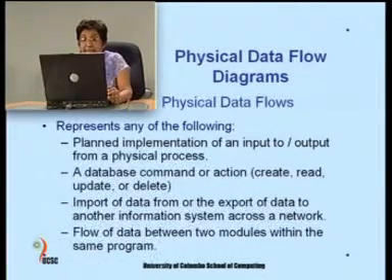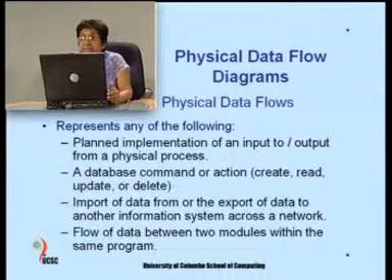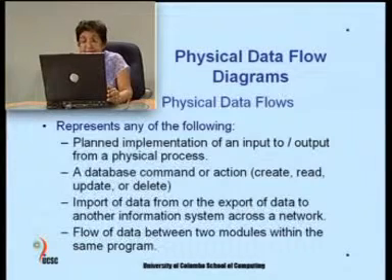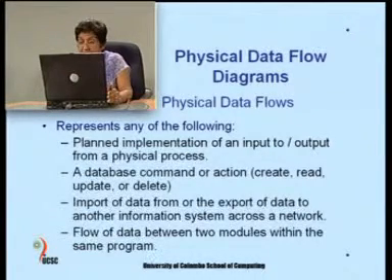Then the physical data flows represent any one of the following: planned implementation of an input or output from a physical process, a database command or action, that is like create, read, update or delete, import of data from or export of data to another information system across a network, flow of data between two modules within the same program.